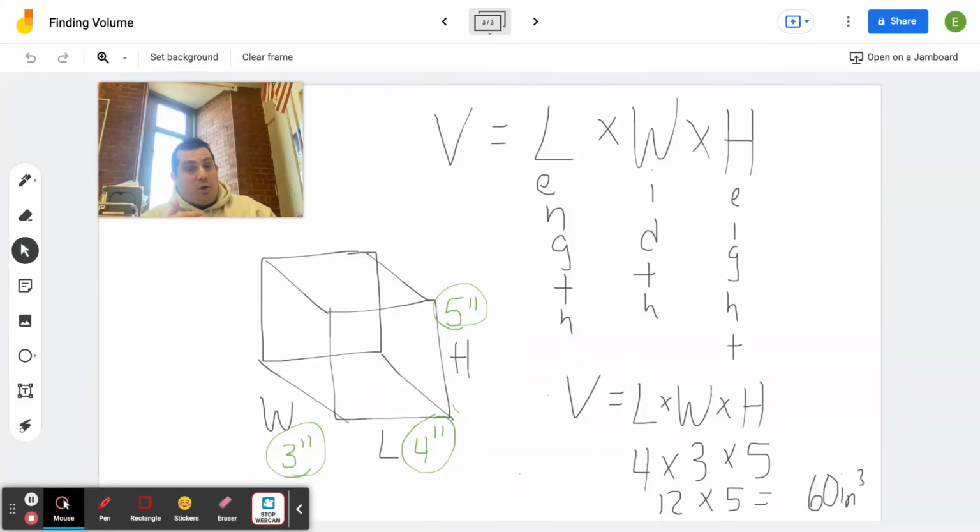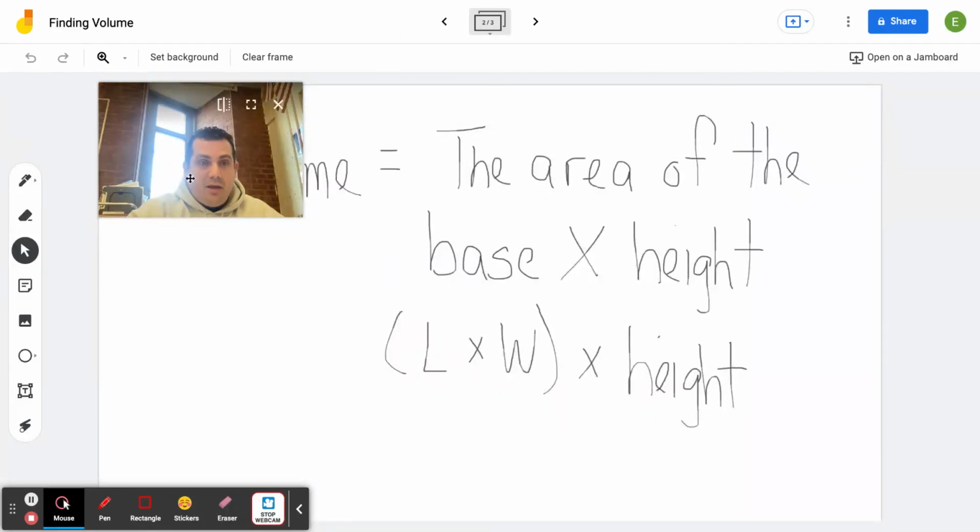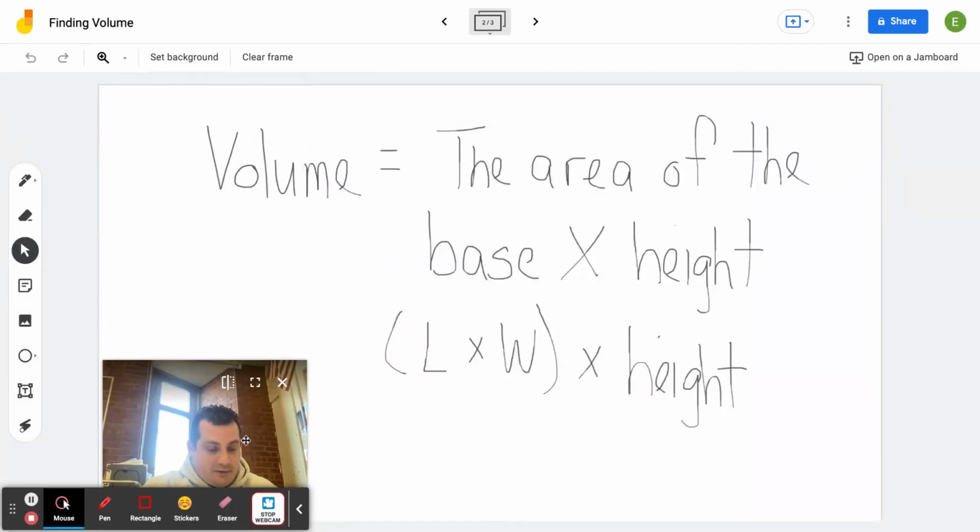When you're reading the word problem and marking it up, you can take that information and plug it into this formula. But we can't solve a word problem until you understand this formula and how to solve it when given a diagram. So that was that video on finding volume.